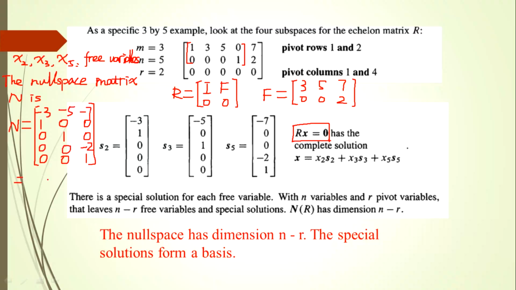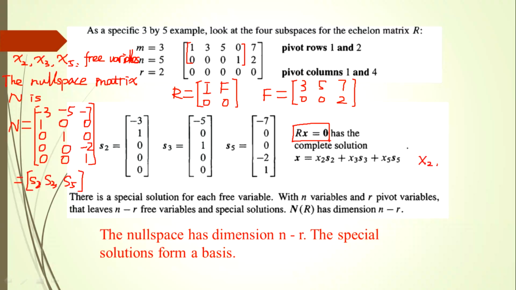So there are three special solutions. They call it S2, S3, S5. It doesn't matter. There are three free variables in this matrix. Of course, there are three special solutions, and Rx equals 0 has a complete solution.